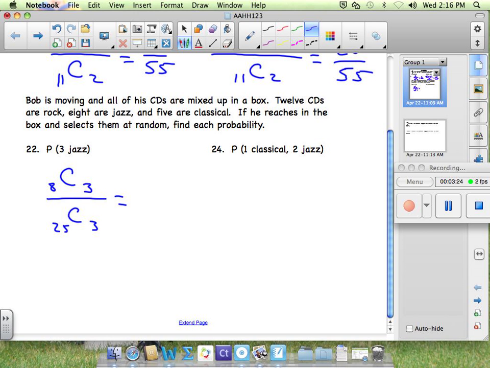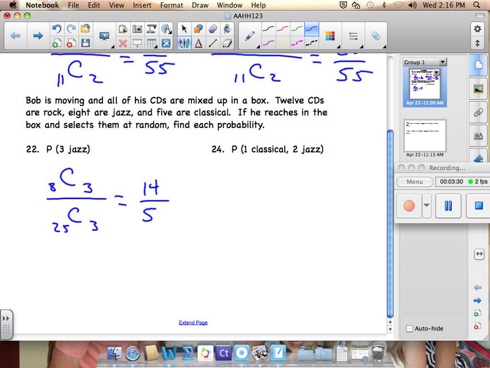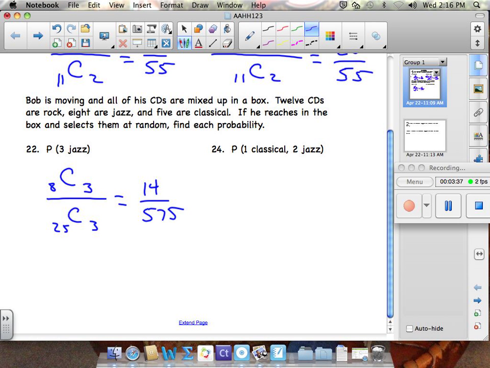When you're done with the calculation, 22 will give you 14 over 575. This particular problem might be a good one for a percent, but right now I wrote down the fraction answer.